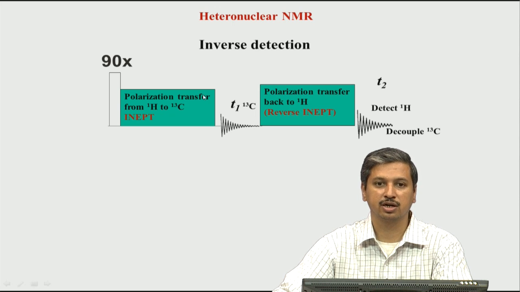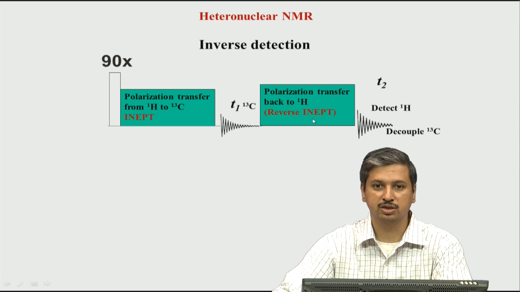So, we are loaning the magnetic polarization to the carbon, it evolves with its chemical shift, then the loan is returned back to the proton. That polarization is transferred back to the proton again using the INEPT, but this we call reverse INEPT, which is just a reverse of this.